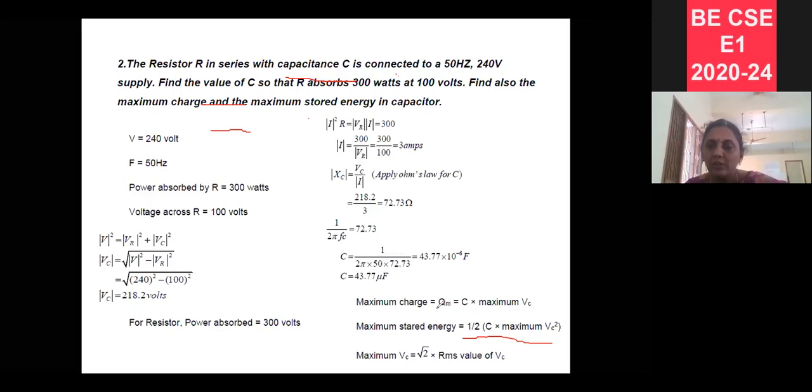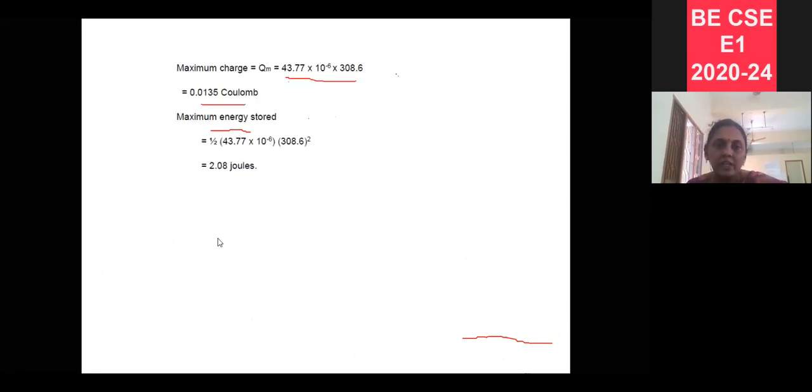Maximum VC square we already calculated, right? So half into C, where the C value is 43.7 microfarad, into 308.6 the whole square.